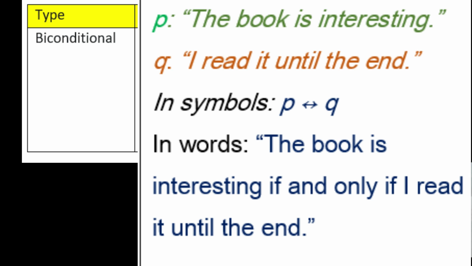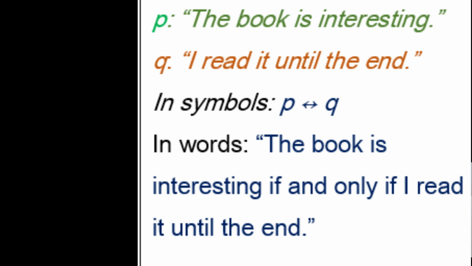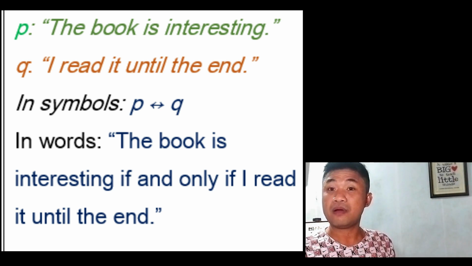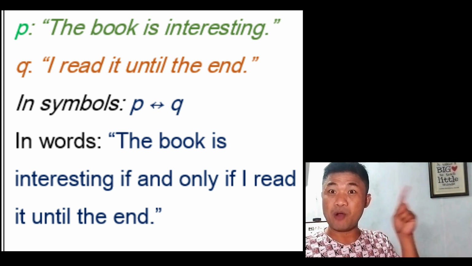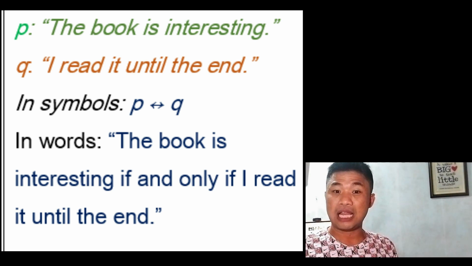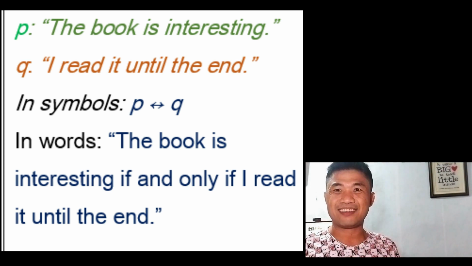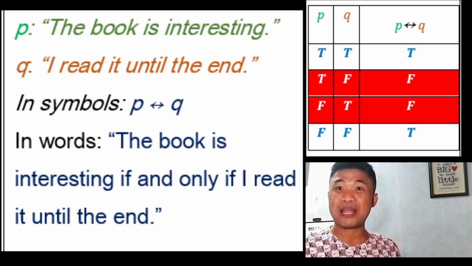We will combine them using the biconditional, if and only if, because it doesn't change the thought, the logic. Let's test. In symbols, P, double arrow, Q. That is the biconditional symbol. In words, the book is interesting if and only if I read it until the end.